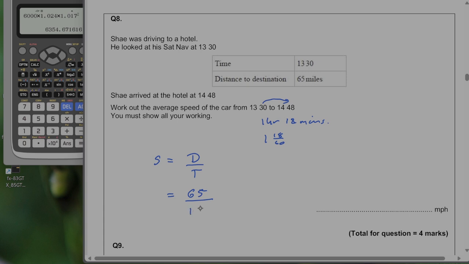And I'm going to type it in like that. Obviously, we could divide by 6. That would give me 3 out of 10, but I'm just going to type it in like that. So 65, and then here I'm going to type a mixed fraction, so 1 and 18/60ths. So we've got speed of 50 miles an hour.